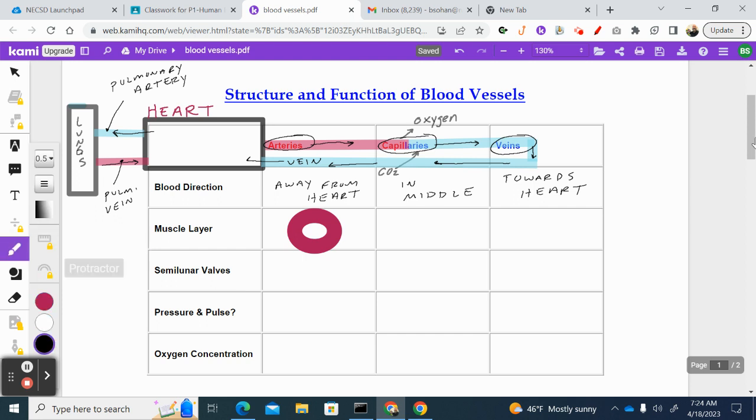Why am I doing it like that? Well, because I want to show you that the wall is the thickest. This is called a lumen. The opening is called a lumen.